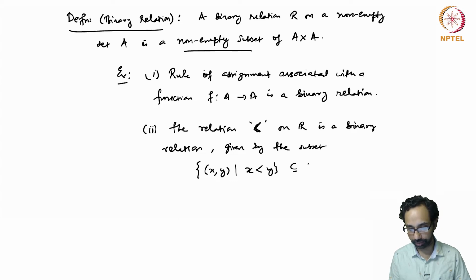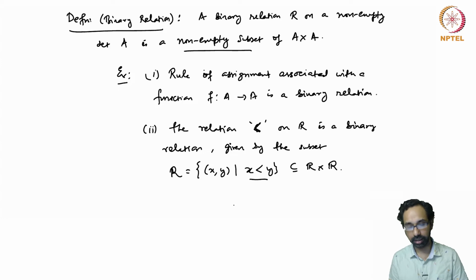This is a subset of the Cartesian product R cross R. So this is your relation as a subset, and this is the usual strictly less than relation on the real line.